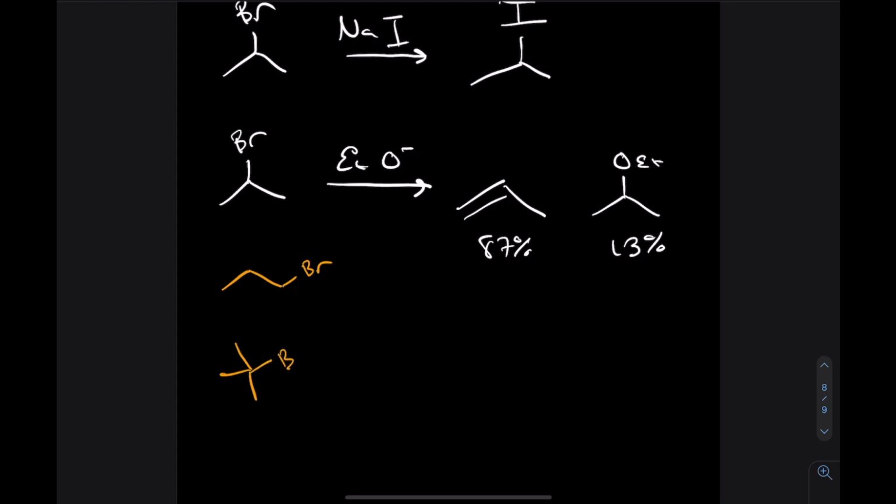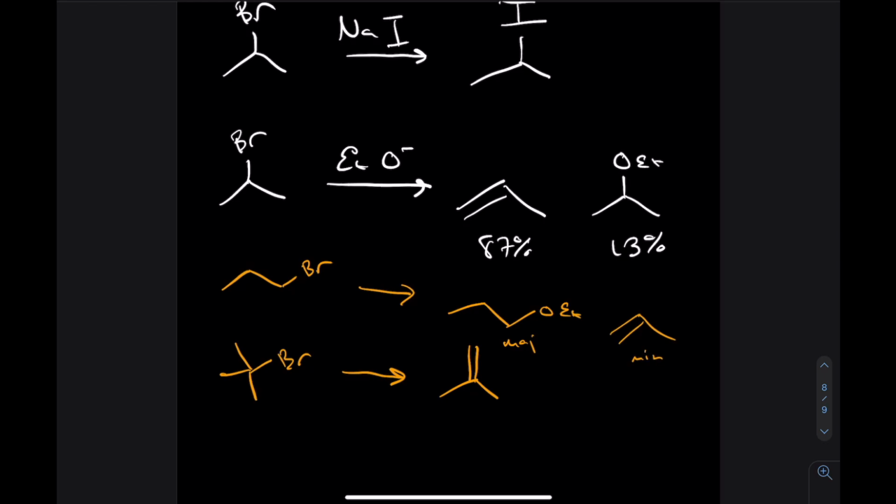So if you had something like that, your only outcome would be the elimination product. If you had something like that, your most likely outcome would be a much more favorable production of the ethoxide substitution product, but you would also still get the elimination product as well. All right, because it's just never quite as clean. And so that would be your major product and that would be your minor product.